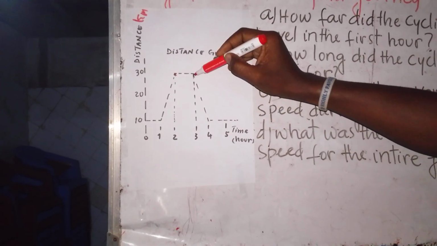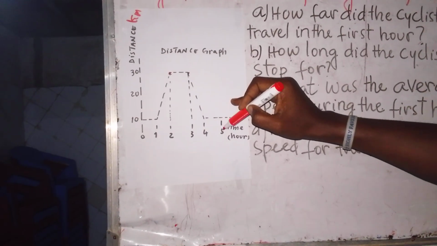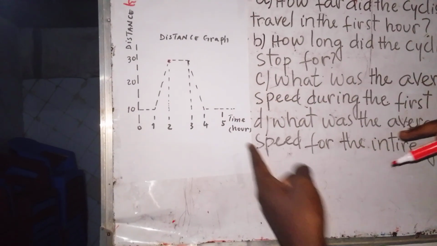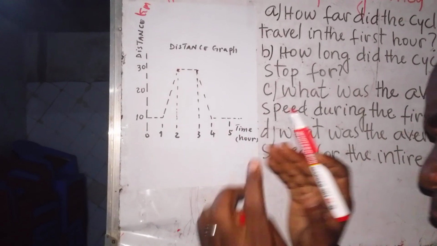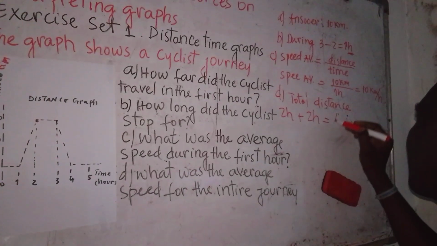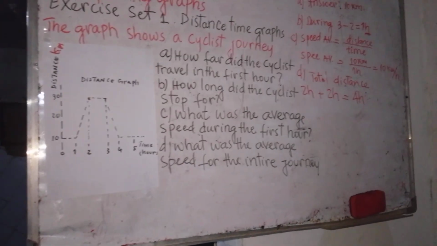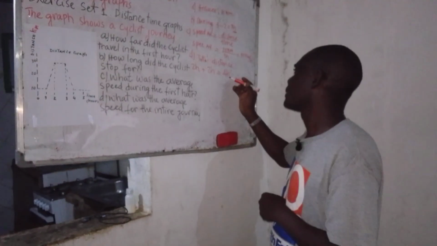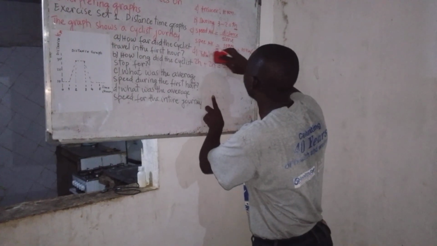We start from time 3 up to time 5. The difference of time is 5 minus 3, which is equal to 2. Then we have another 2 hours, that is equal to 4 hours. Sorry, we are calculating the total time. Total time.